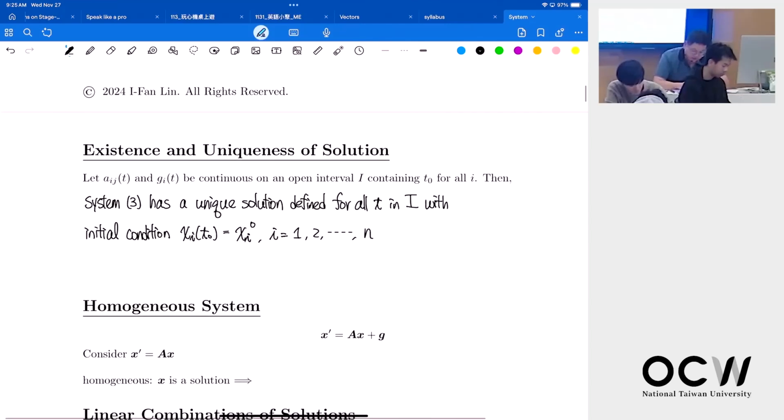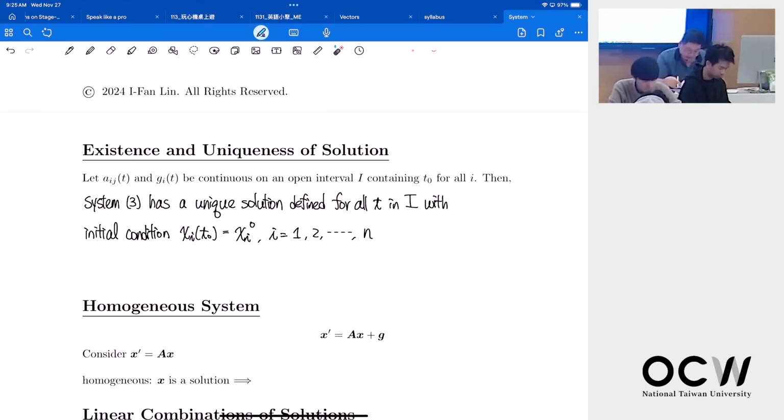So if you see the coefficients and also the forcing function g are continuous, then for that system I have a unique solution.